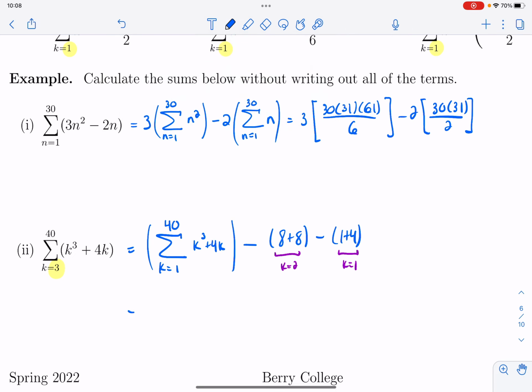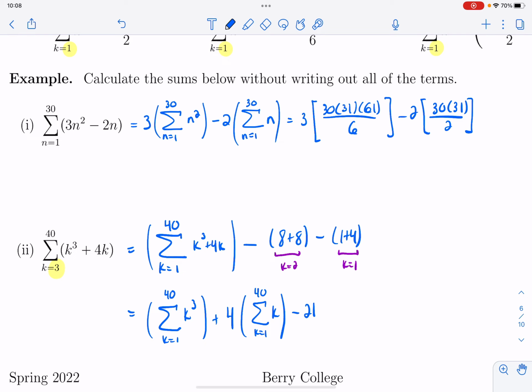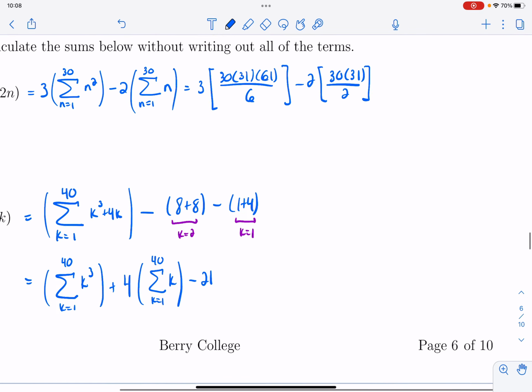So I'm going to rewrite this as the sum from k equals 1 to 40 of k cubed, plus 4 times the sum from k equals 1 to 40 of k, minus 21, which is those 2 extra bits. And I can now use my formulas.